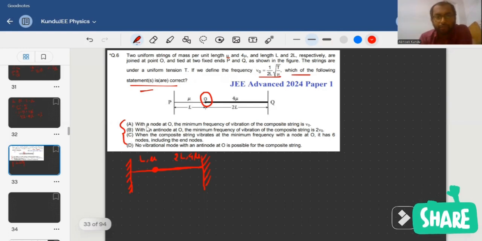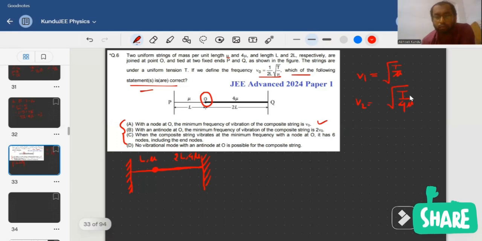The first option is: with a node at O, the minimum frequency of the vibration of the composite string is nu naught. First, let us find out the velocity of the wave in the lightest string, V1, the left hand string: root over of T by mu. And the velocity in the heaviest string, V2, is root over of T by 4 mu.